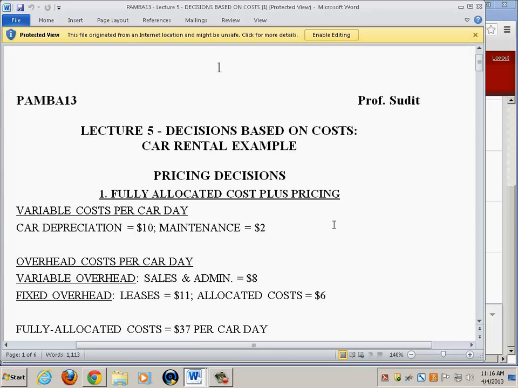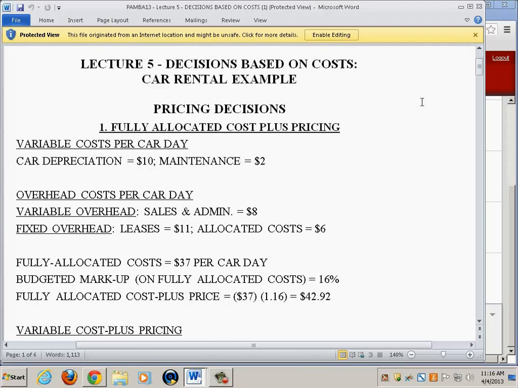So we'll start with a very important set of decisions that we'll refer to as pricing decisions. And I think the reason why they are important is self-explanatory. It's important when you are in business to decide how you price the products that you sell or the services that you render.